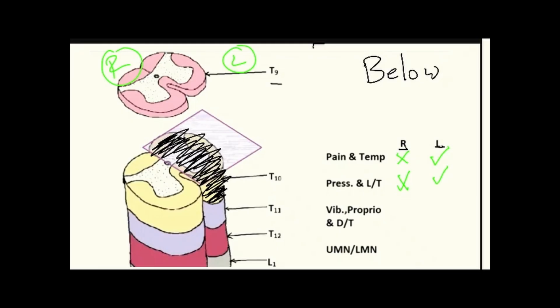So remember, I'll draw this in green because we're doing it for this one. On the left side, it comes in, crosses over, and goes up. We're okay. Let's look at the right side. Comes in, crosses over to the right, goes up. Oh, I got blocked. I can't do it. That's why the right loses it for pain and temperature and light touch. Everyone good there?